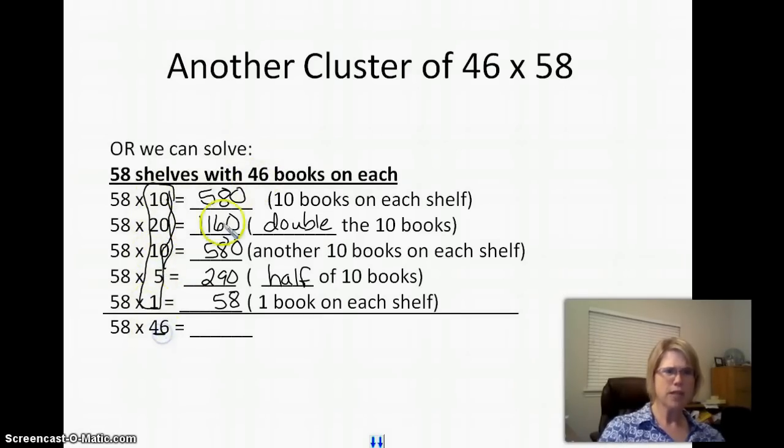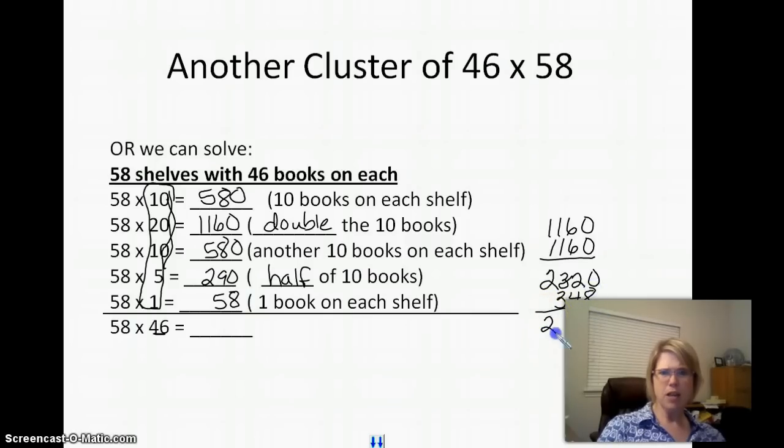You do have your 46 books. So let's see. It looks like this 580 and 580 make 1160. It's two groups of 1160, right? And that's going to be 2320. And then, let's see, that's 348.